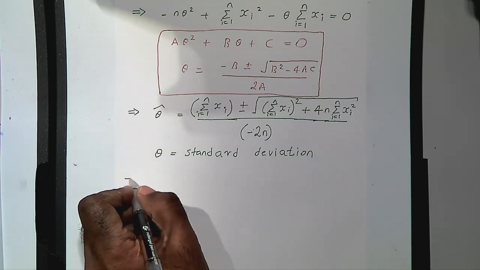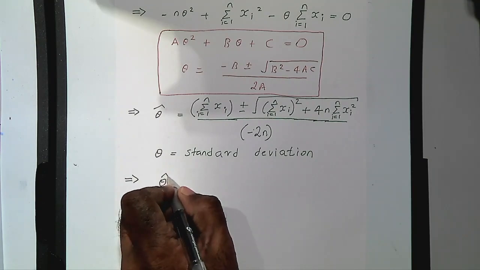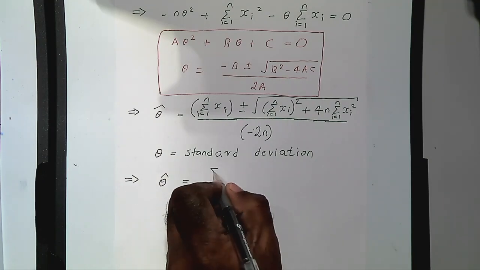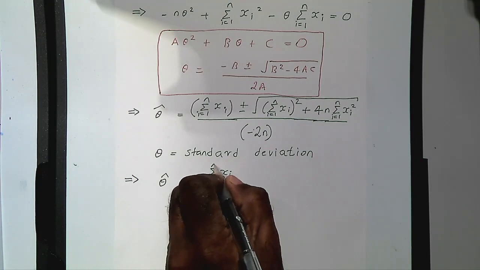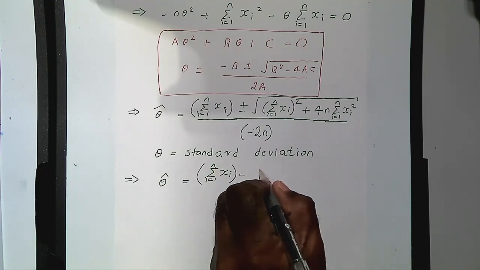So this implies that theta hat is the sum of xi, i from 1 to n, minus.